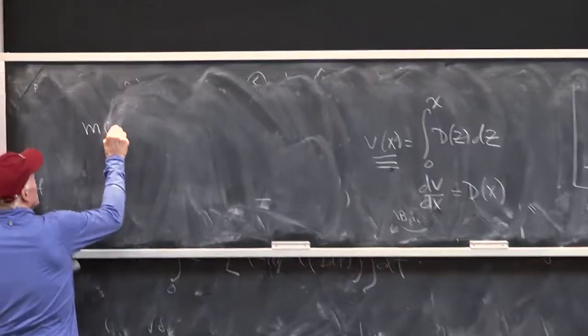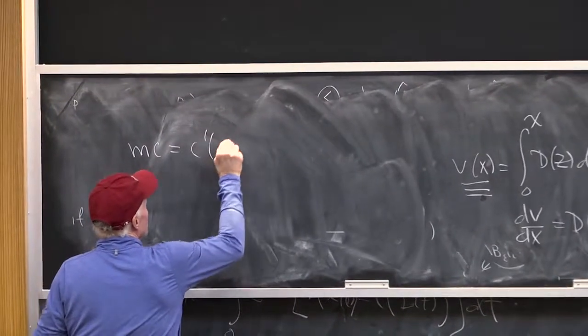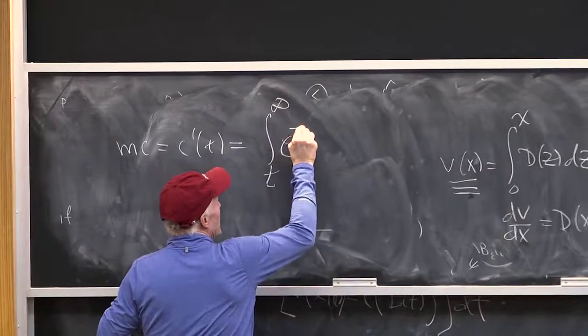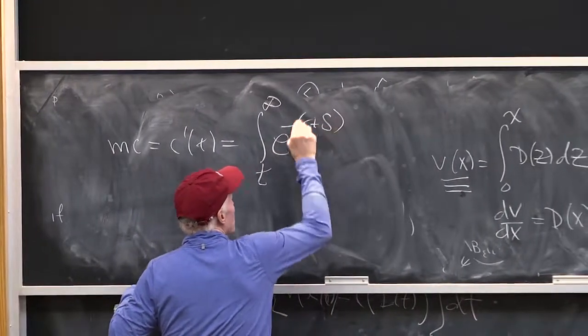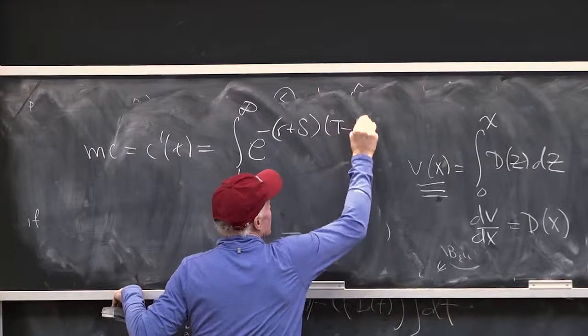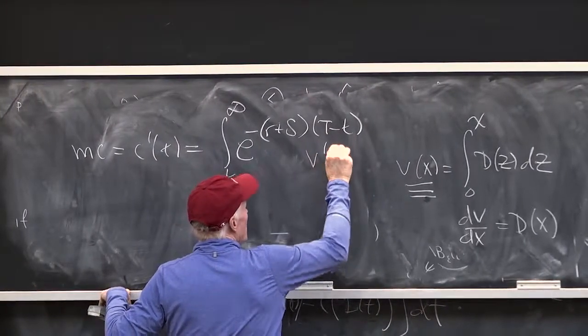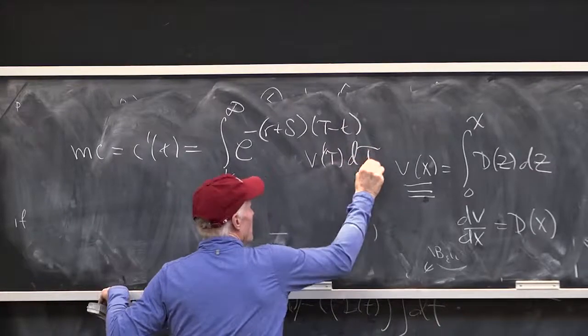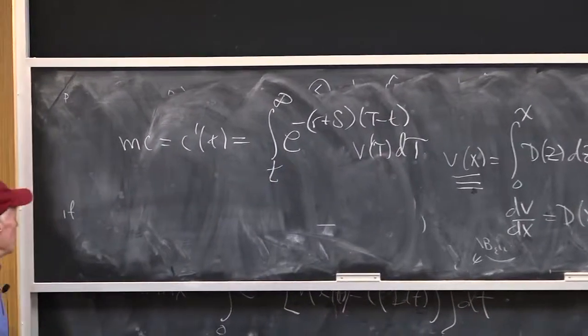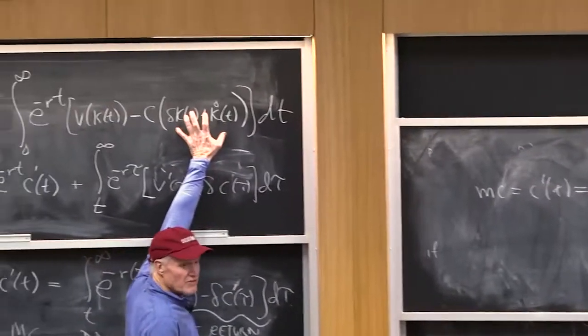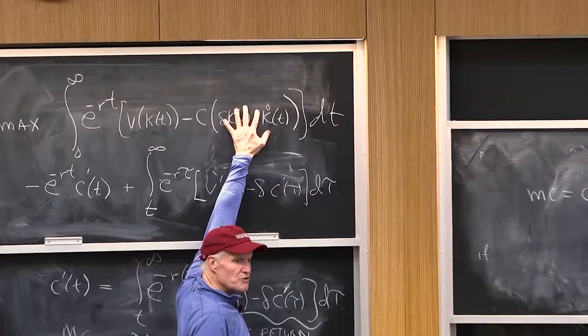marginal cost, C prime of t, equals the integral from t to infinity of e to the minus (R plus delta)(tau minus t) times v prime of tau d tau, because there's no more. Remember, in that experiment, I'm holding investment fixed, so this doesn't change in the future.